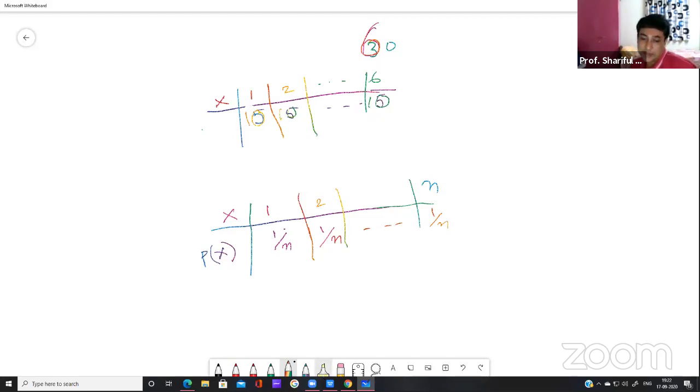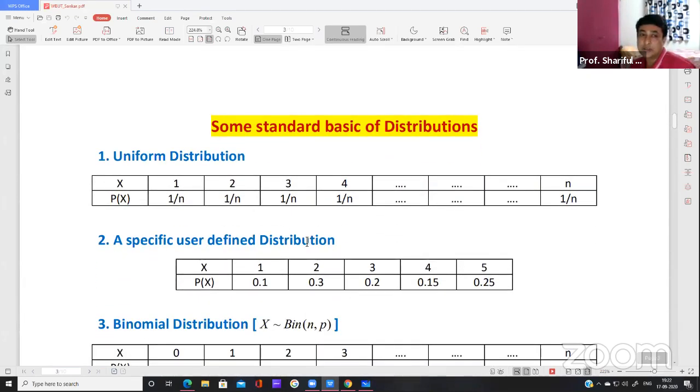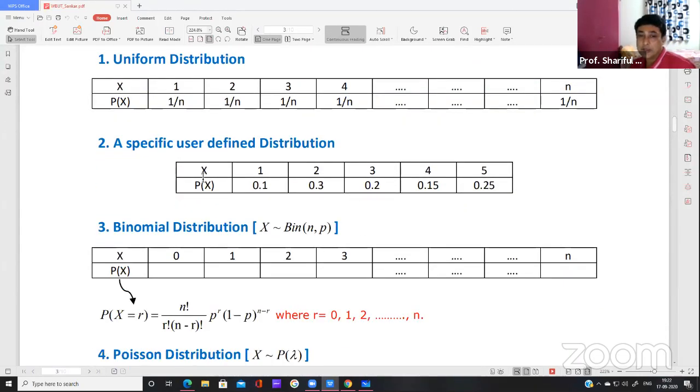So let's observe some popular kinds of distribution. For example, suppose uniform distribution. Let X can take value 1 to n, and the probability of X is nothing but the weightage. In a particular example, let X be only taking the values 1, 2, 3 up to 5, and these are the corresponding weightages.